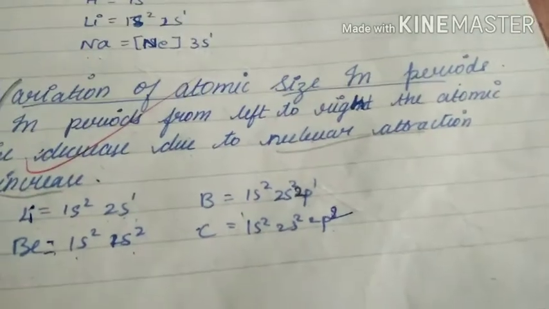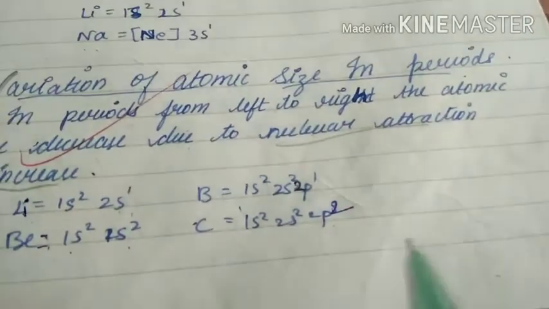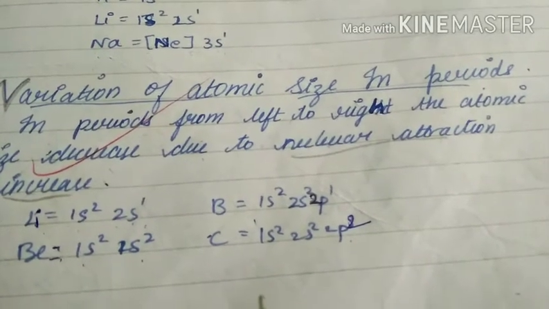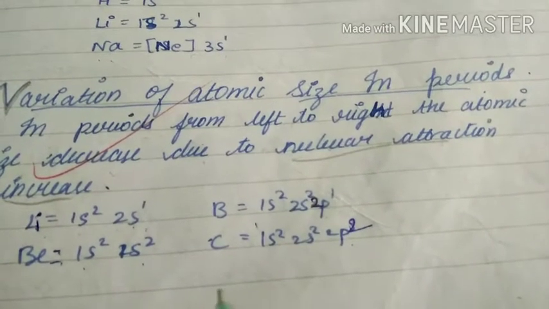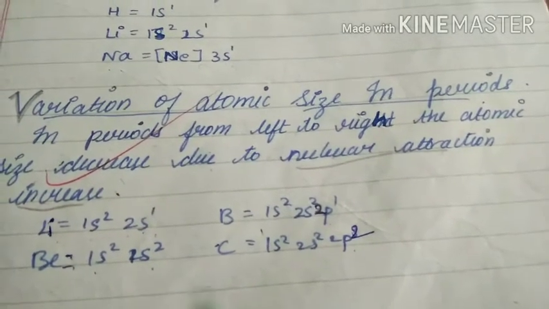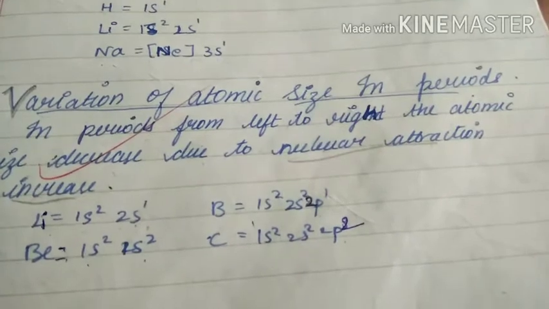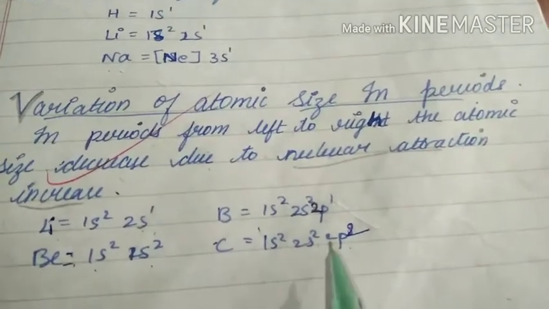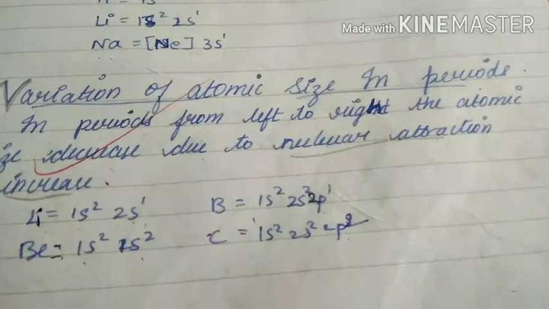So what is the point here? If the number of electrons in the valence shell increases, then nuclear attraction increases. Nuclear attraction means the attraction between the nucleus and valence electrons.